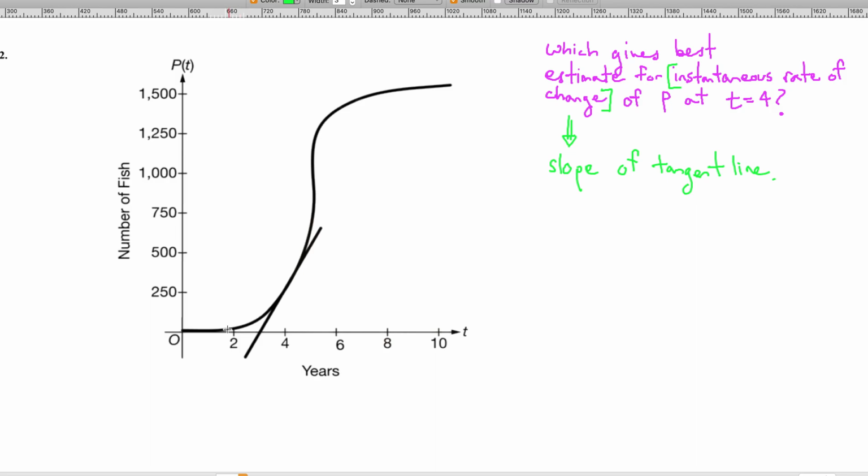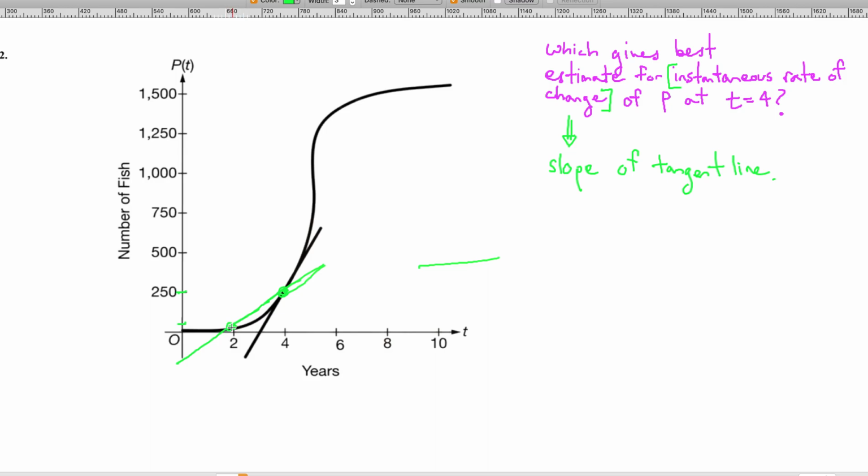So to illustrate this point, here at 2 years there's some population of fish. And then let's say at 4 years there's another population of fish. If I wanted to find the amount of change over those 2 years, I would find the slope of the line joining these 2 points.